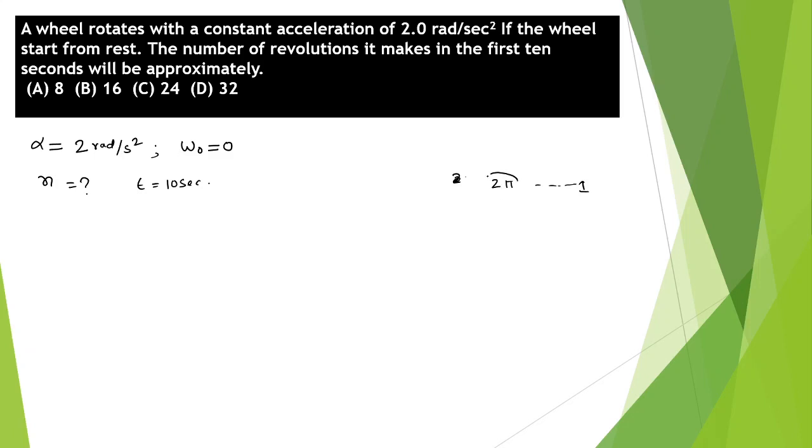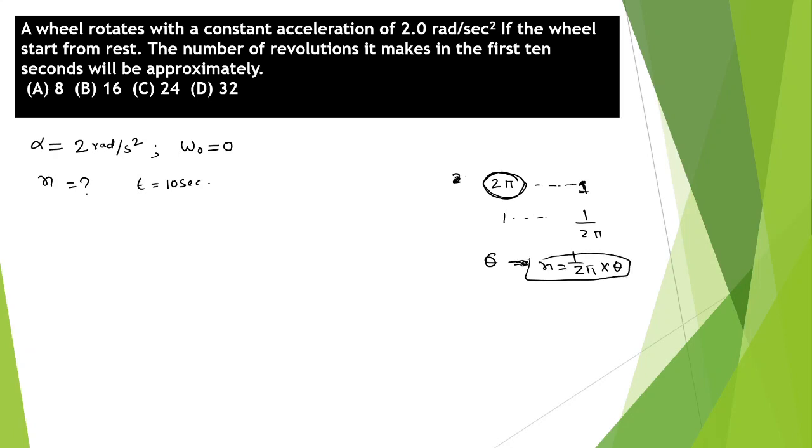And if the angular displacement is 1 unit, the number of rotations is 1 by 2 pi. And for angular displacement theta, the number of rotations will be 1 by 2 pi into theta. So that will be our n.